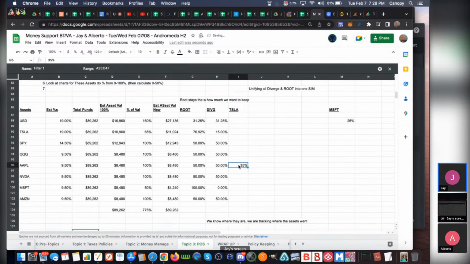In this case it would double to 70% Apple stock, because we have a lower percentage of Apple stock than Tesla stock. It's twice as much. Does that make sense? This is what's powerful about this: it allows you to move the assets however you want. It's not just buying and selling them. You can move them wherever you want. But in this case, we're putting it in US dollars at 35%.